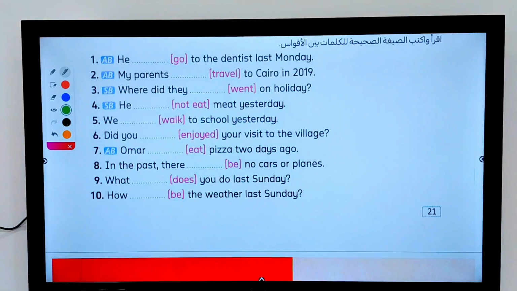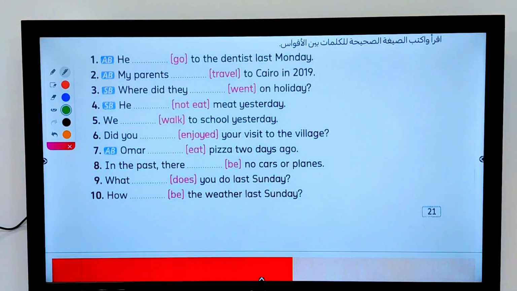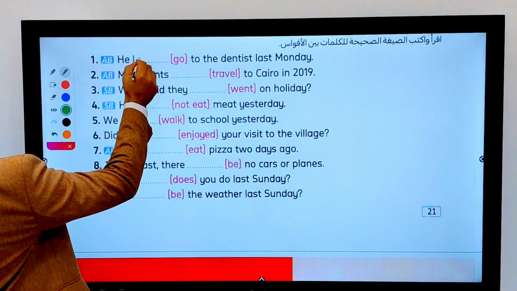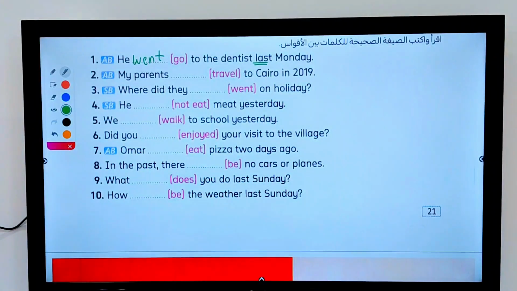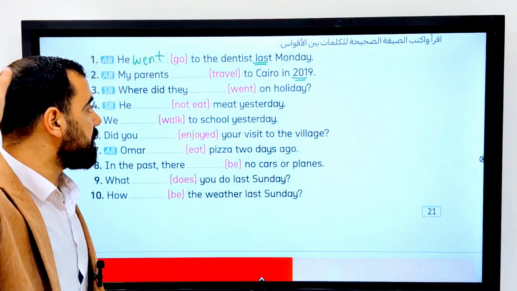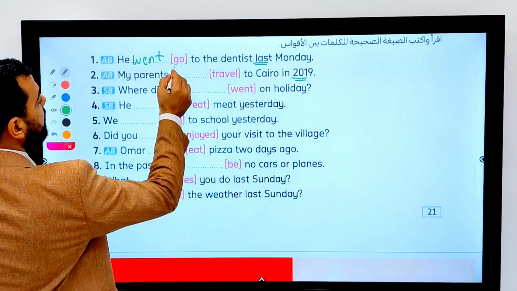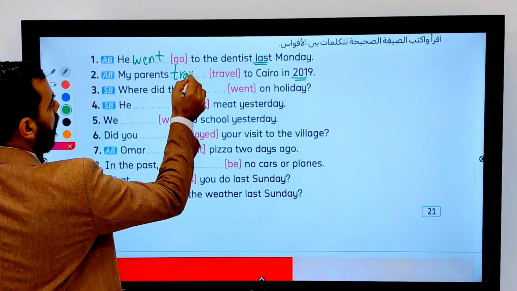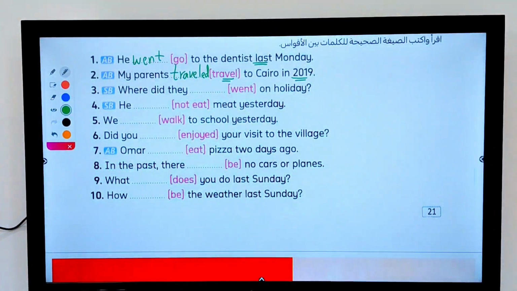Let's answer these 10 questions. He went to the dentist last Monday, so he went in the past because of last. My parents traveled to Cairo in 2019. 2019 was 6 or 7 years ago, and travel is a regular verb.